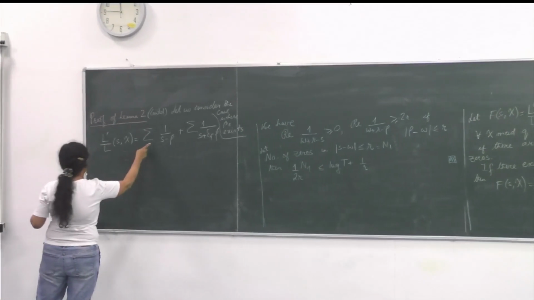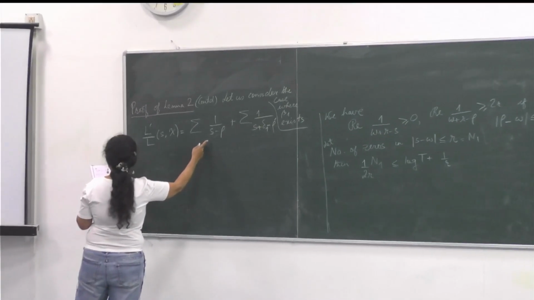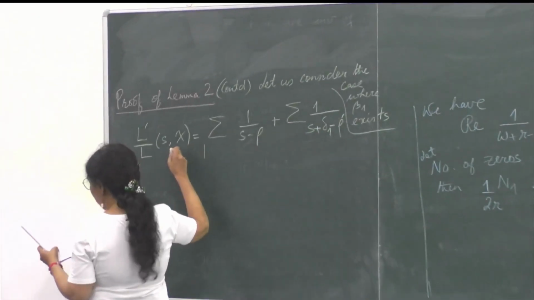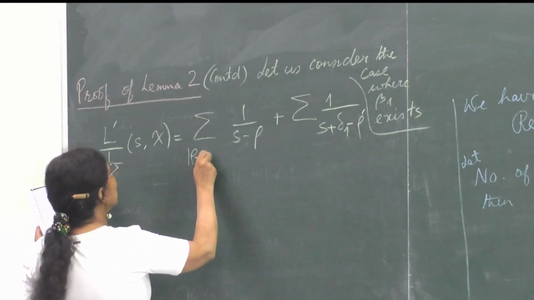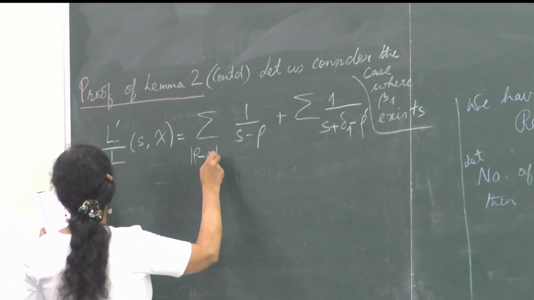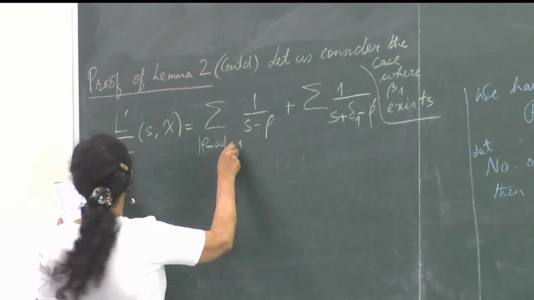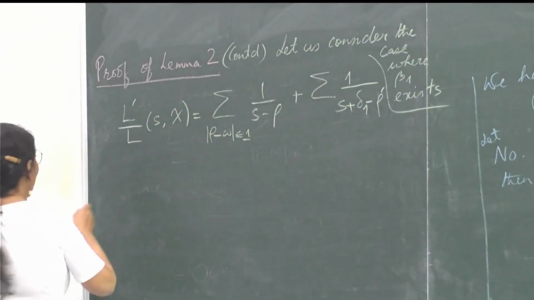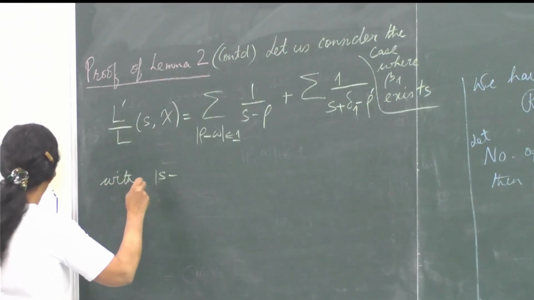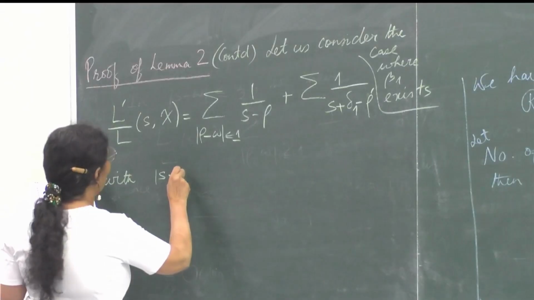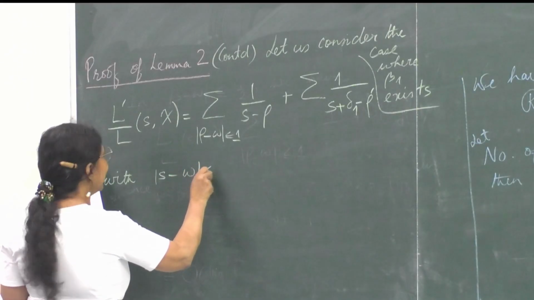So here, S minus rho minus omega is less than or equal to 1, and S minus W is less than or equal to half.